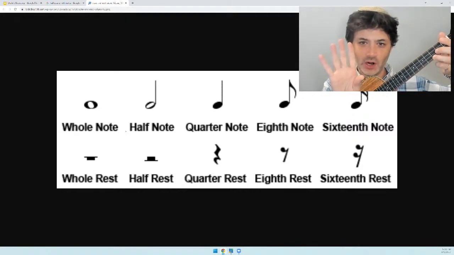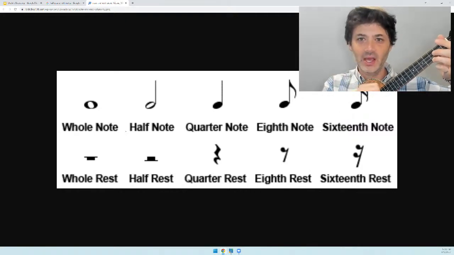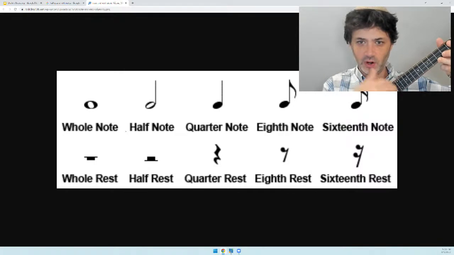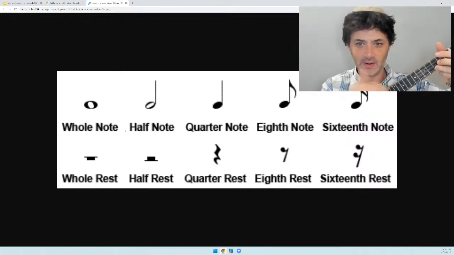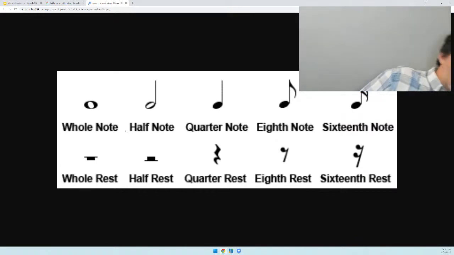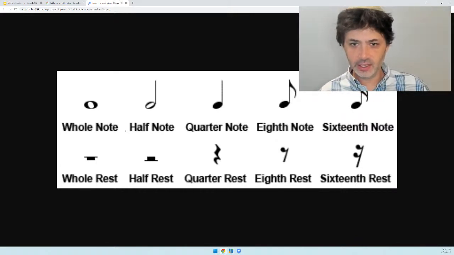We're still counting to 4, still lasting 4, right? But now we'll do quarter notes. 1, 2, 3, 4. 1, 2, 3, 4. Eighth notes. 1, 2, 3, 4. 1, 2, 3, 4. 16th notes. So does that make sense right there?